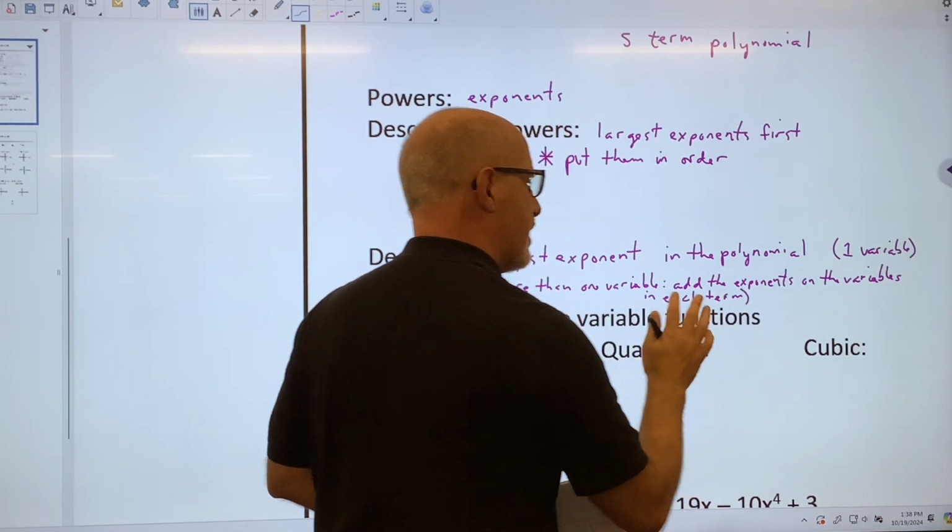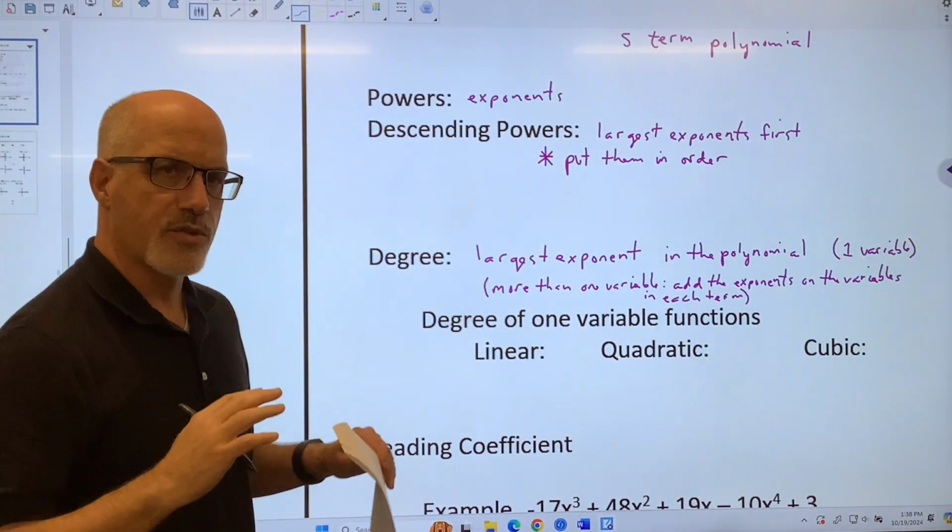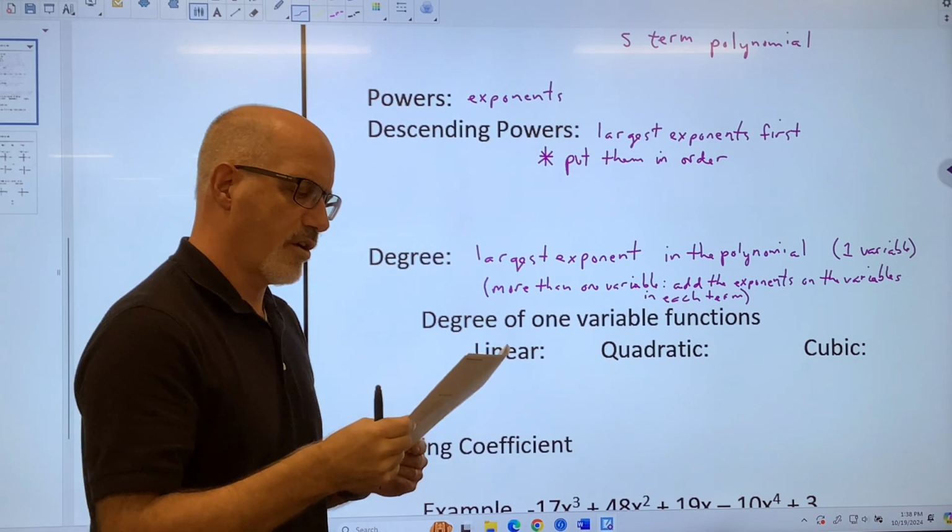We'll get to that later, but for now, if you're dealing with just one single variable, it's just the largest exponent.